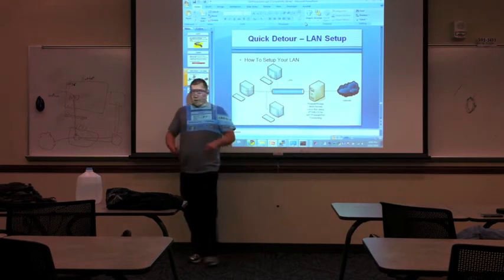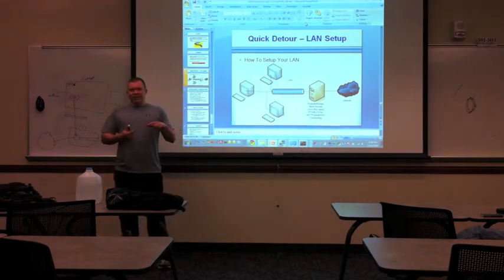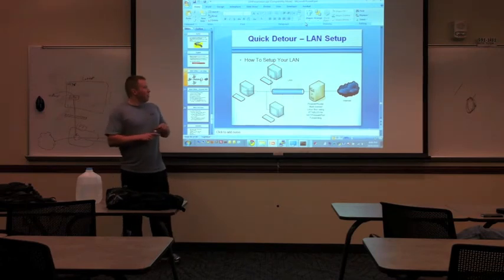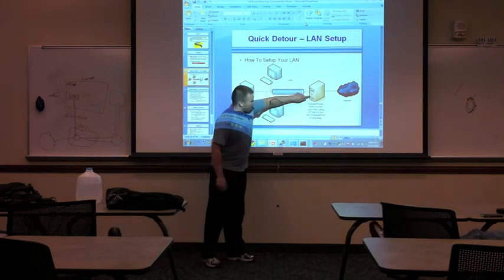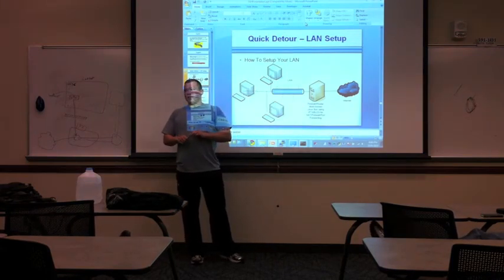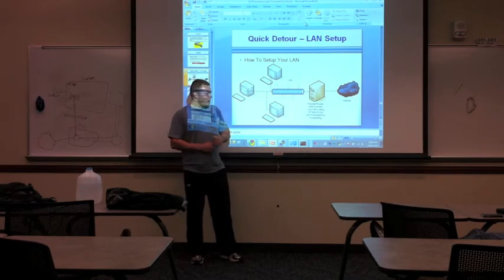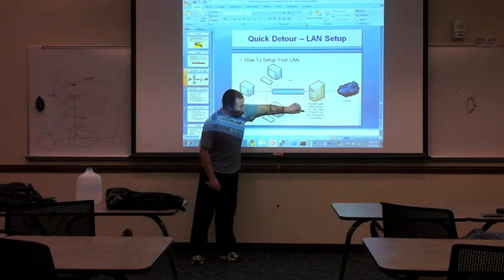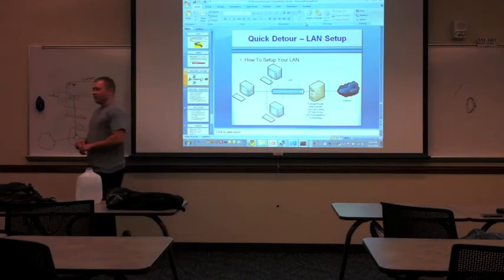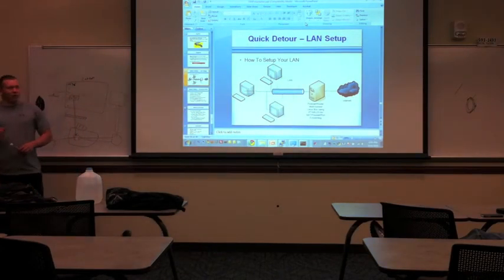A lot of people have those little D-Links or whatever wireless routers. Those are okay if you're not cool. But if you are cool, you're going to get one of these, and you'll be able to do all kinds of stuff. And what you want to use to do all kinds of stuff is this thing called iptables. It basically lets you turn your Linux box into a really, really pimp router.